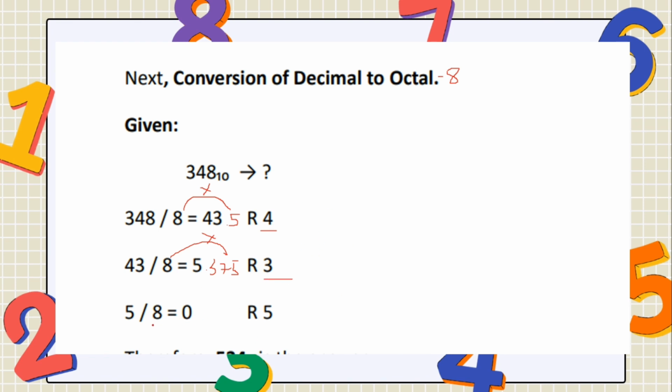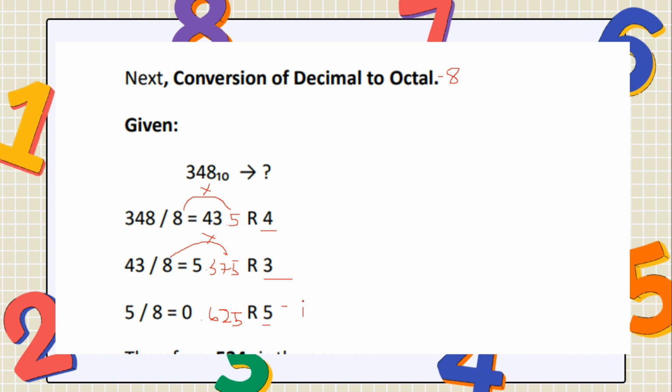So 5 divided by 8, 0.625. Same method, 8 times 0.625 equals 5.